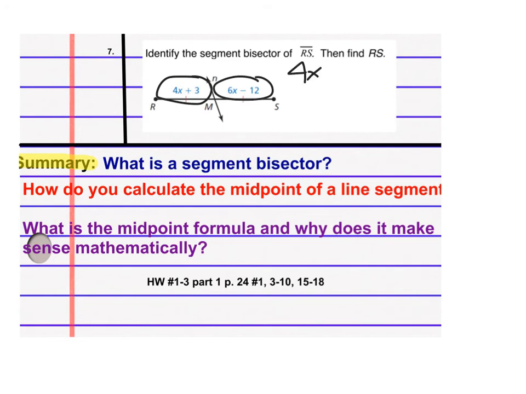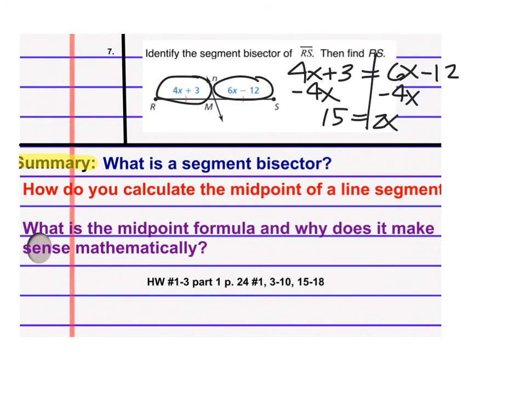So you should be setting these up equal to each other. Okay, solving for x. And x is actually 7.5. Okay, the segment bisector is line N. And then if you go back and put in 7.5, let's see what we get.